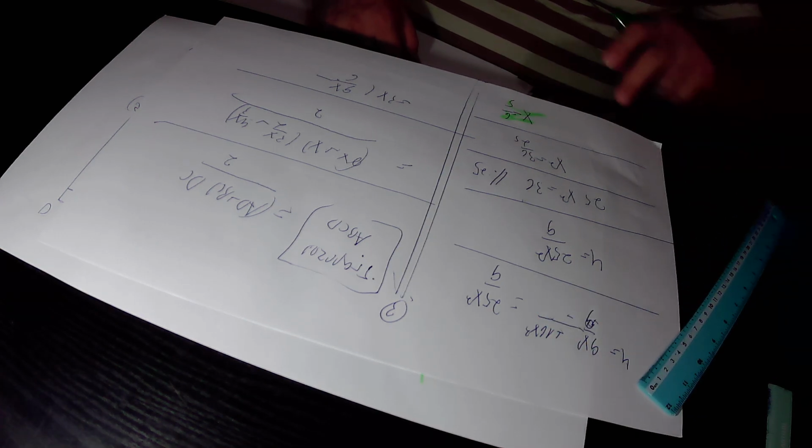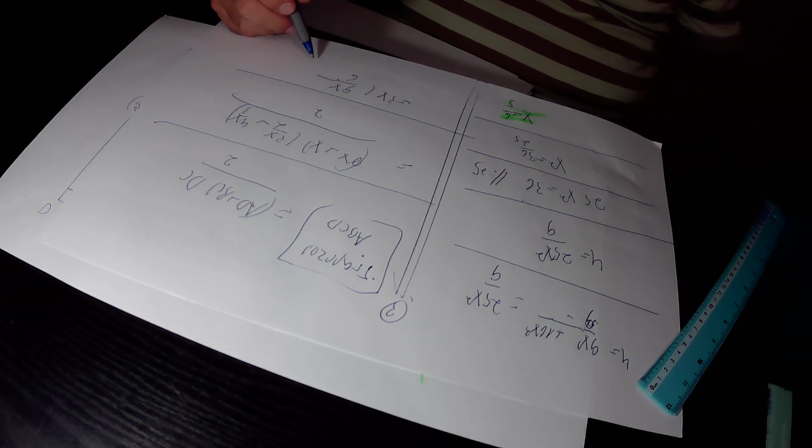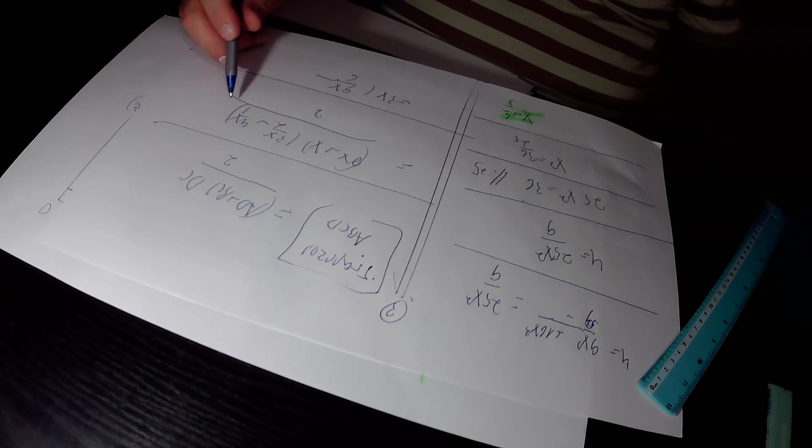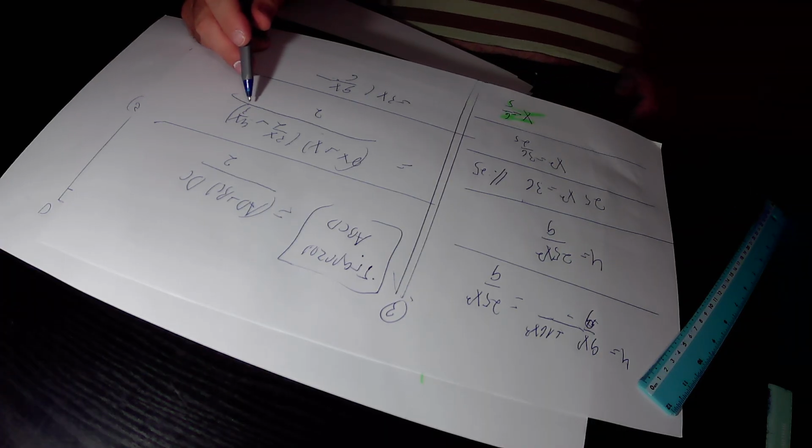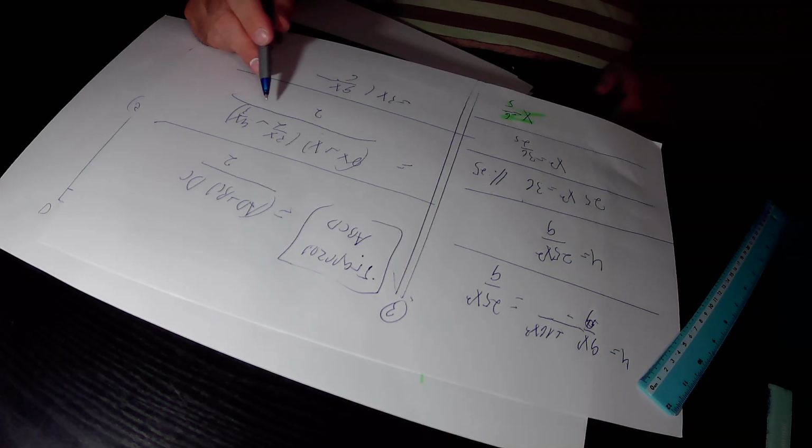And you have to multiply the other expression, both numerator and denominator, by 2 in order to get a common denominator of 6.